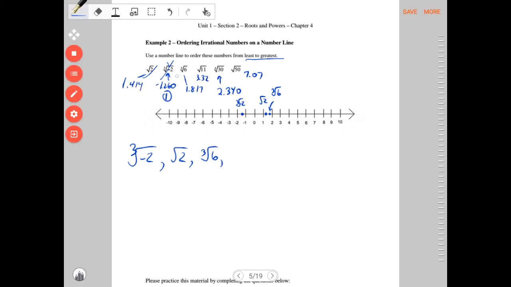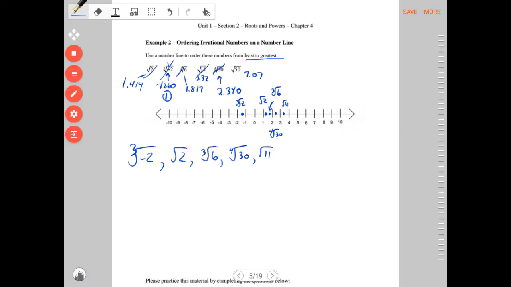Then we've got the 2.3. So 2.3 is about there. So that is the fourth root of 30. Then you have root 11 at 3.32. So it's about there. So that's root 11. He's done.